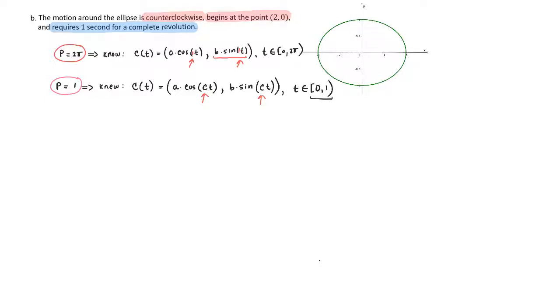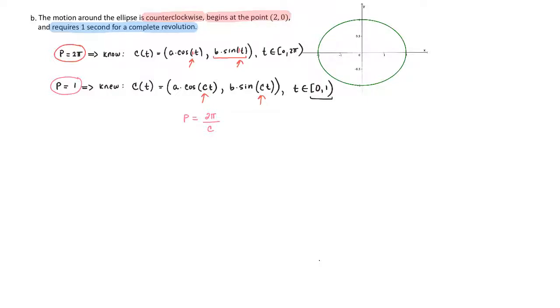Here, you must remember something from your studies of trigonometry in pre-calculus 12 last year. You must remember that period is equal to 2 pi over this coefficient c. This is how the period is measured.